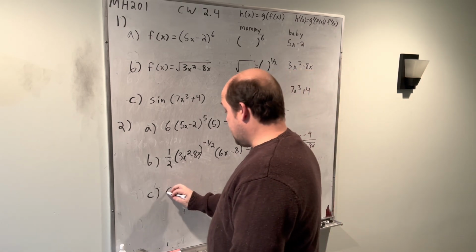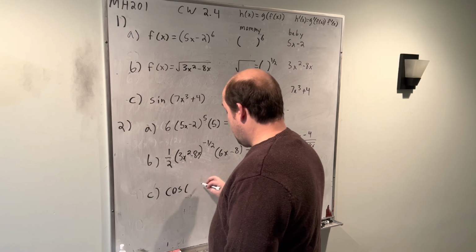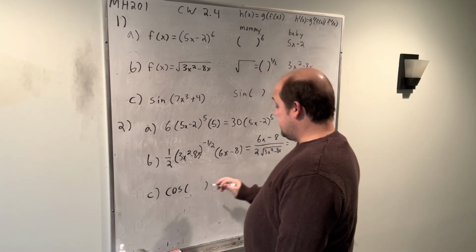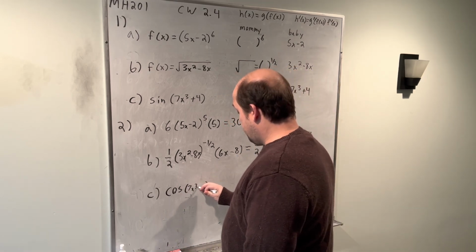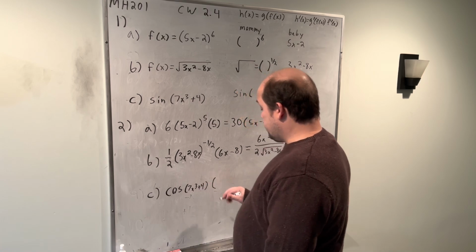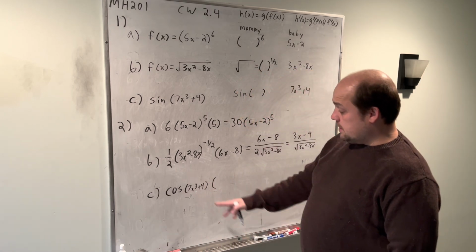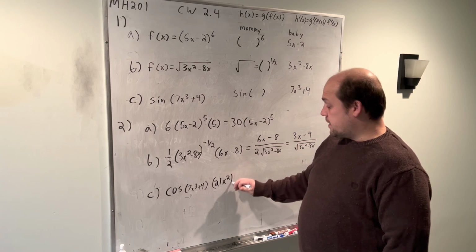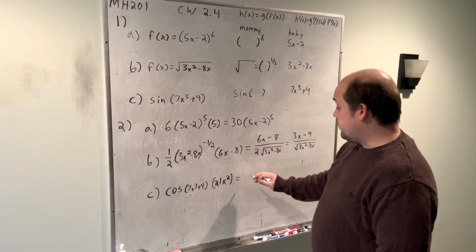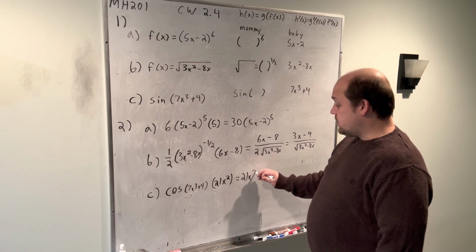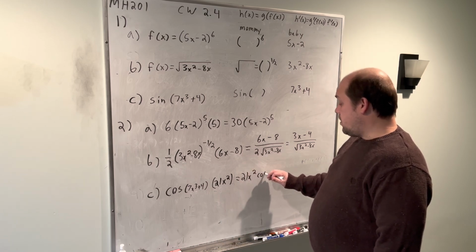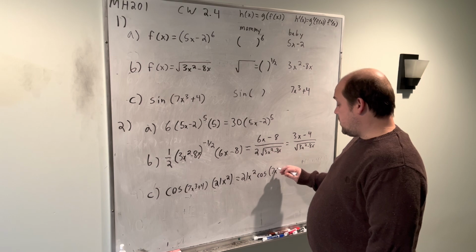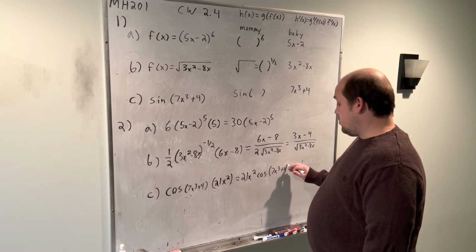The derivative of sine is cosine of that same something, which was 7x cubed plus 4. Then we multiply by the derivative of the inside. In this case, 3 comes down. 3 times 7 is 21. Now x squared. When I multiply through, it becomes 21x squared times the cosine of 7x cubed plus 4.